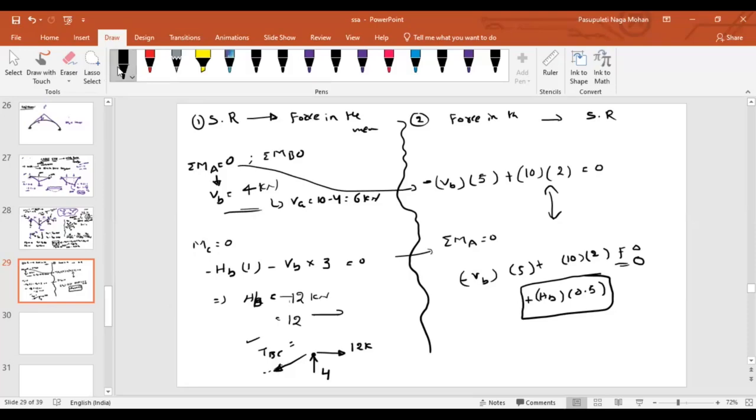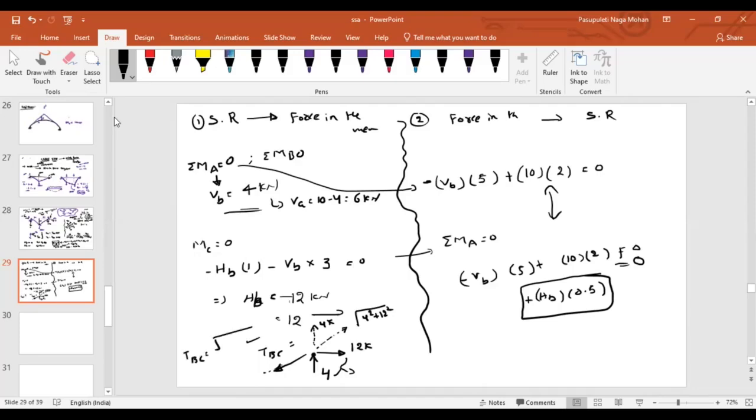You can imagine if I rearrange these two forces such that tails of the forces will meet, what will be the resultant of these two? Under the root 4 square plus 12 square. That implies, what is the force in the member BC?